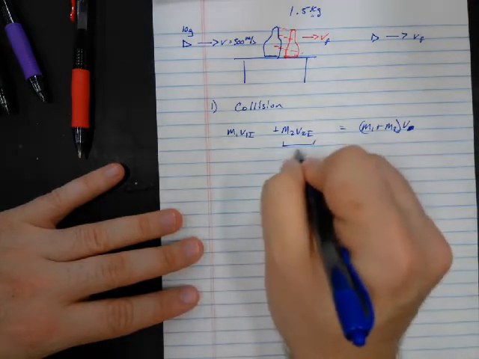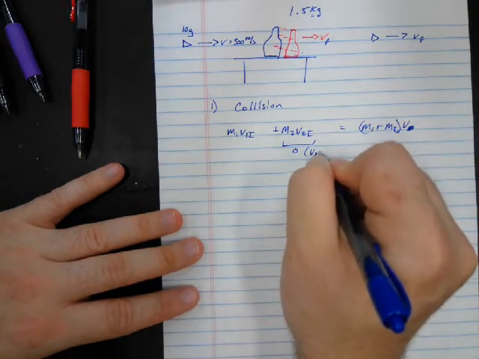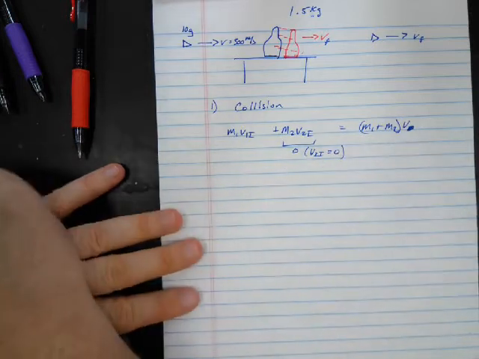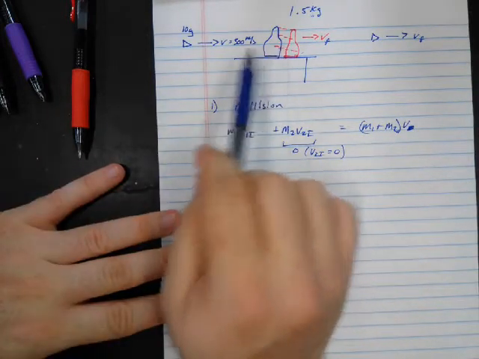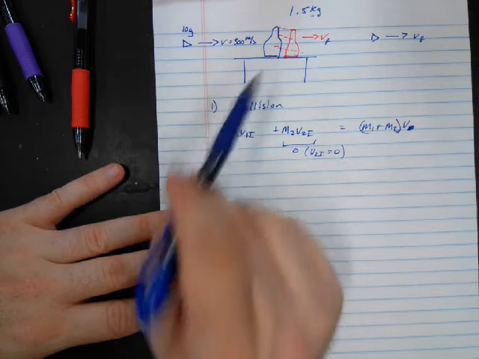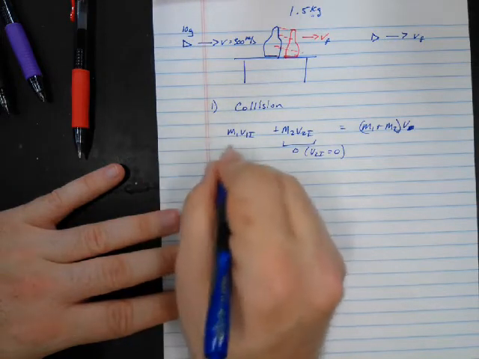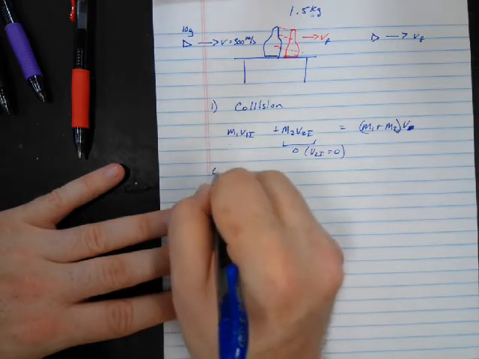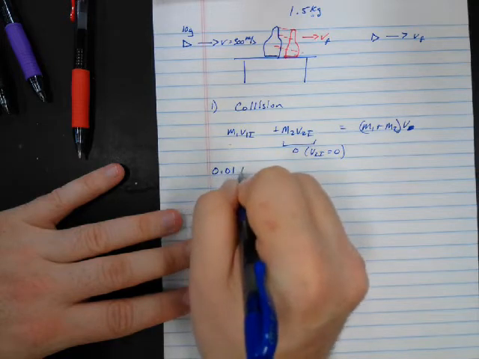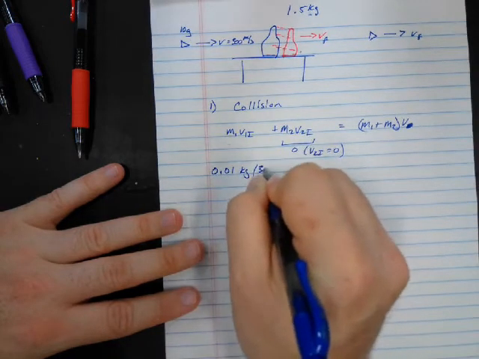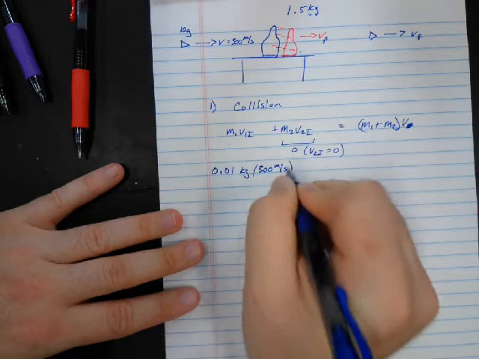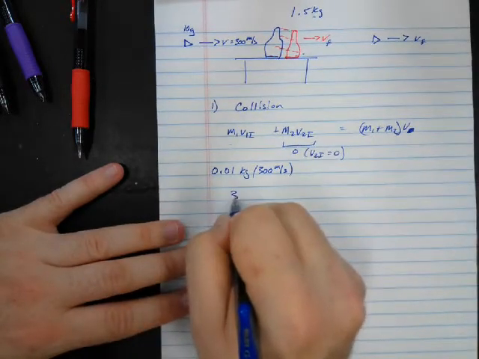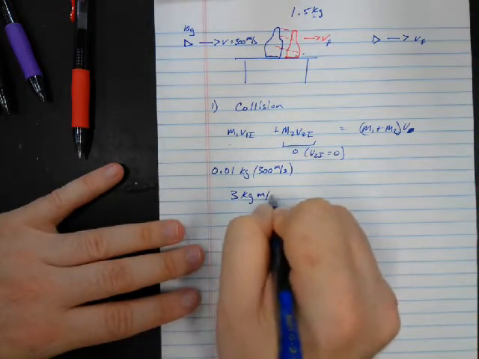This term is 0 because V2 initial is 0. Hopefully you're not playing any sort of target practice where the bowling pin is moving. And so this term is 0.01 kilograms times 300 meters per second, which is 3 kilogram meters per second.